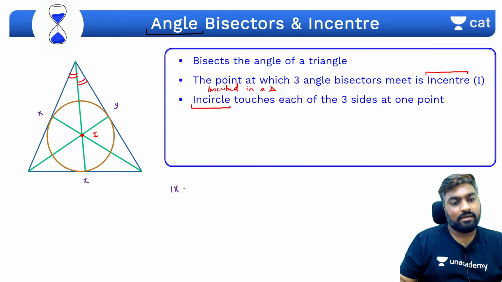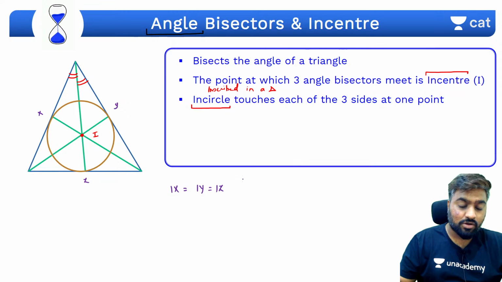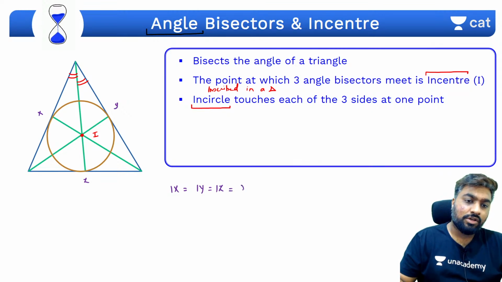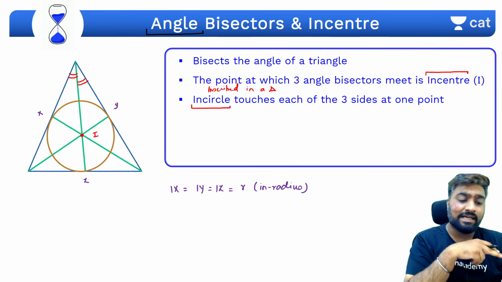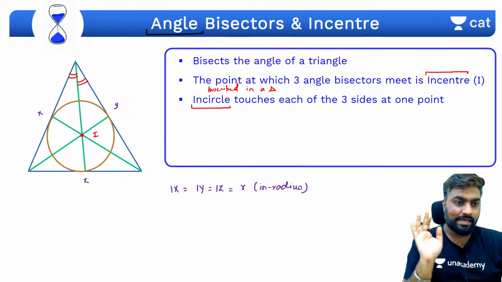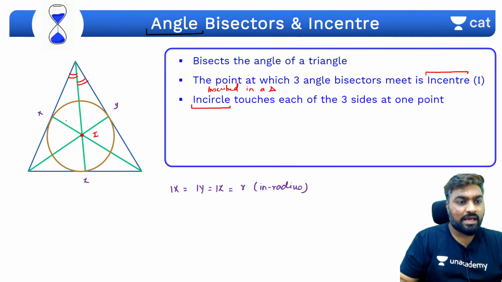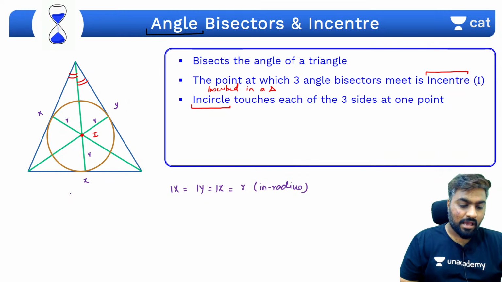IX will be equal to IY will be equal to IZ, which is called what? Your inradius, which is represented by a small r. यस, कैपिटल आर सर्कम रेडियस, स्मॉल आर इन रेडियस। क्लियर है? तो ये भी आपका आर होगा, ये भी आपका आर होगा, this will also be r.